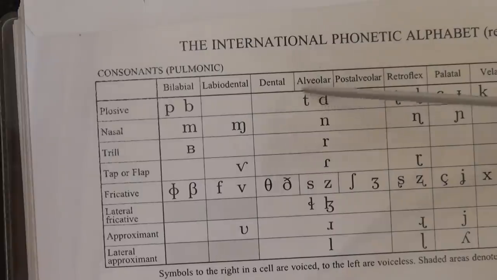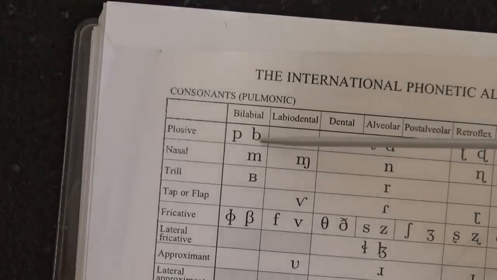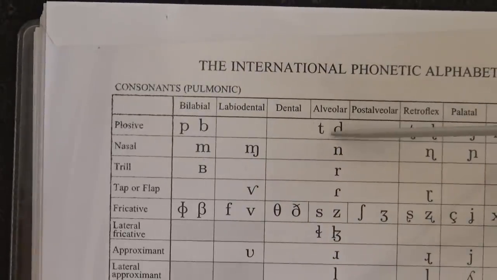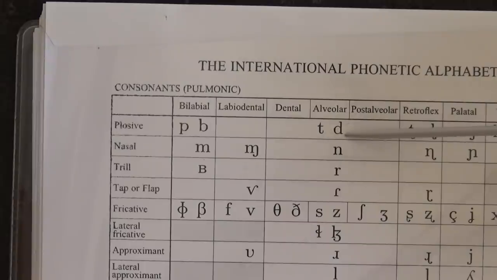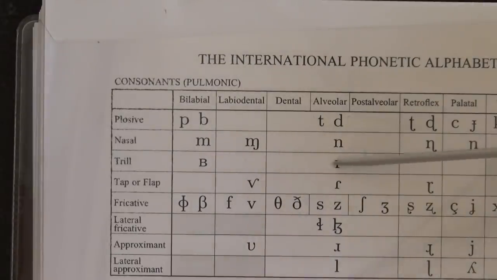You can also do it like a stop or plosive, like you do with p and b. Then it becomes t and d. Nasal, then it becomes n. Trill, then it becomes r.